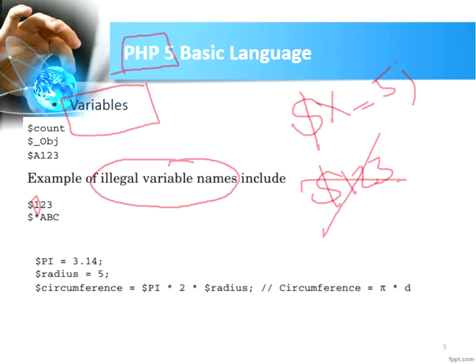Also, we cannot begin our variable with a special character like star. So I cannot write $*x. This is an illegal variable name. Is it clear?